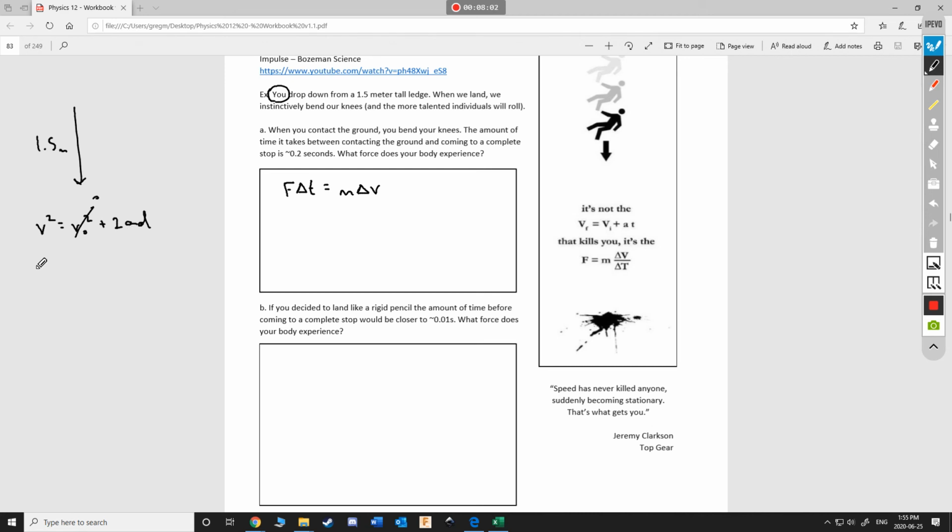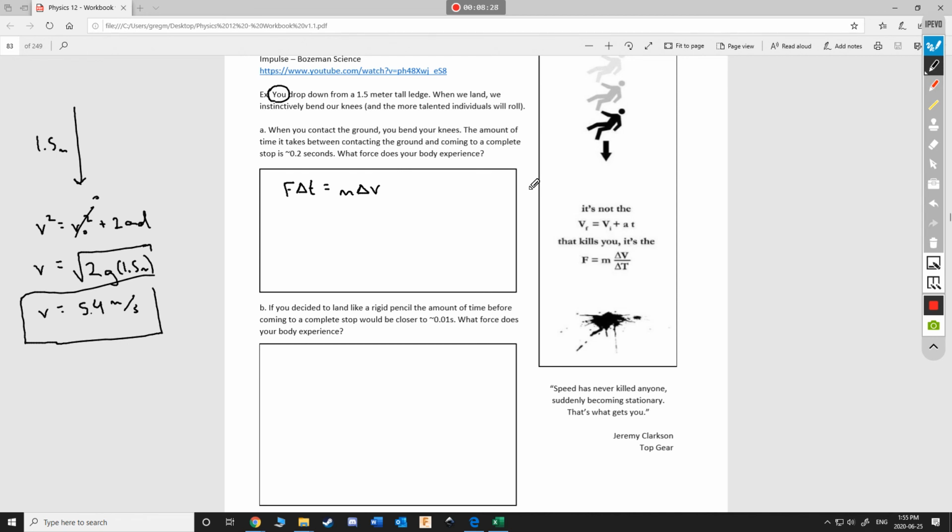So v is equal to the square root of 2 times the acceleration, in this case gravity, times our distance of 1.5 meters. 2 times 9.81 multiplied by 1.5, we're going to square root that. We hit the ground with a velocity of 5.4 meters per second, around there.